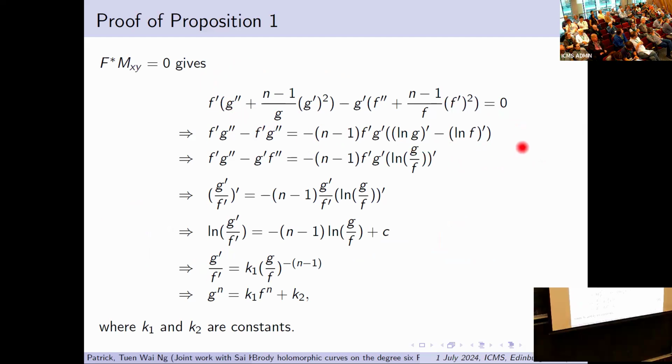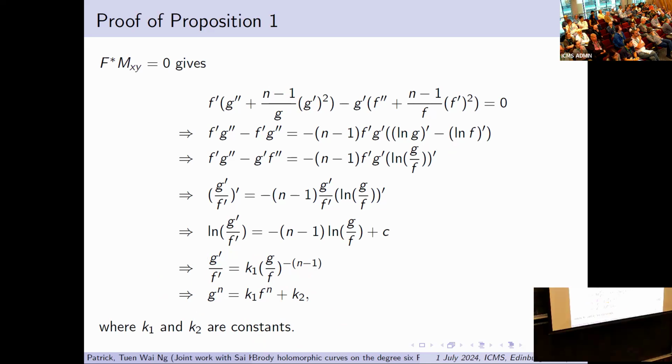But fortunately, this equation actually can be integrated. So you do some careful arrangement, and then you can actually integrate these things. So eventually you will get to this point. So f and g, they are related this way, and k1, k2, they are constants. So now we know that we have f, g, h satisfying the Fermat functional equation.